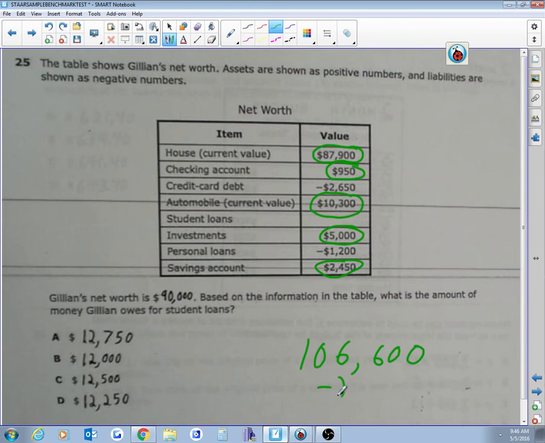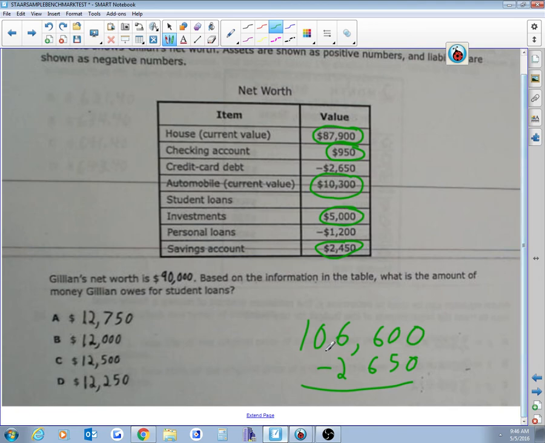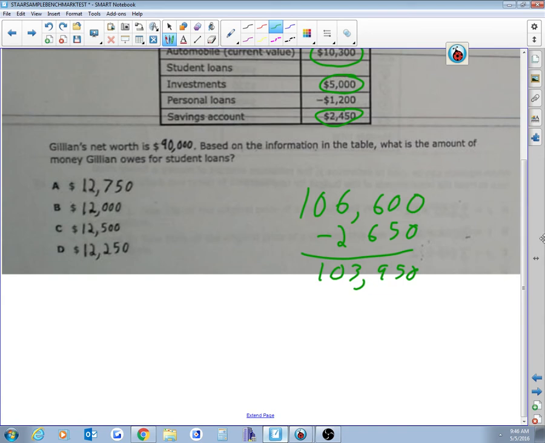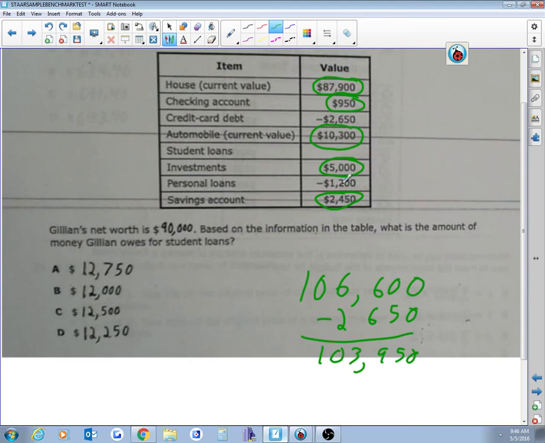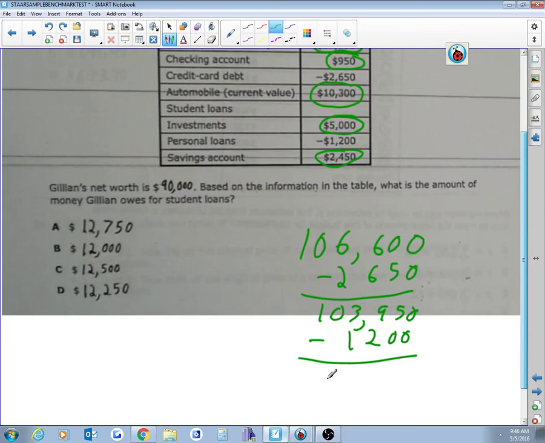So that minus 2650, that brings us to 103,950. And then if we subtract the 1,200 she owes for personal loans, minus 1,200, that brings us to 102,750.